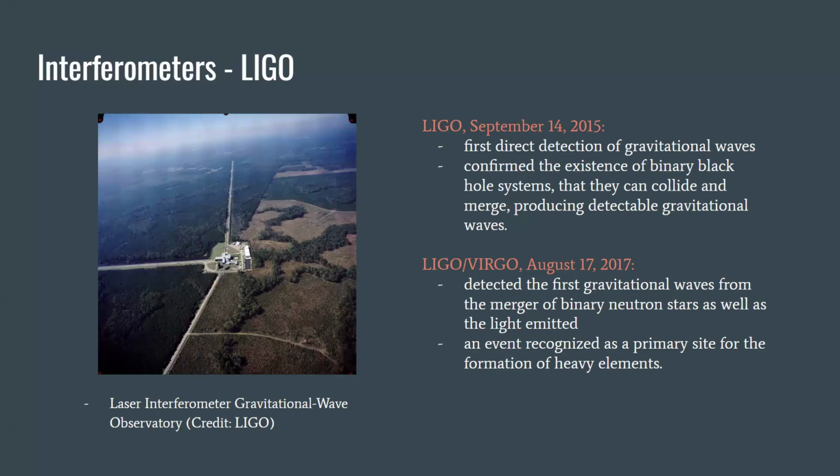Also, this time together with Virgo, on August 17, 2017, we detected the first gravitational waves from the merger of binary neutron stars, but this time we also detected the light emitted from it, which is a huge achievement because this event is a primary site for the formation of heavy elements, which is a question that has been open for decades. We can talk about it later because it's a whole other topic.